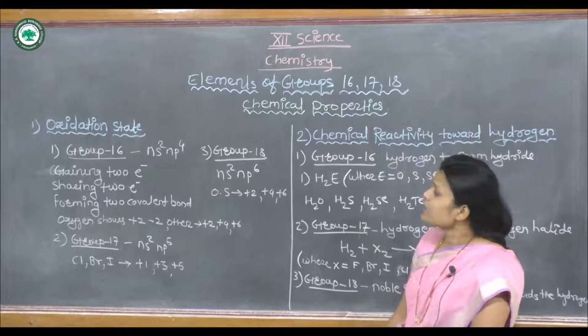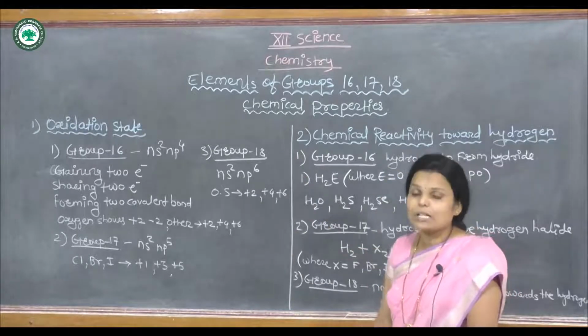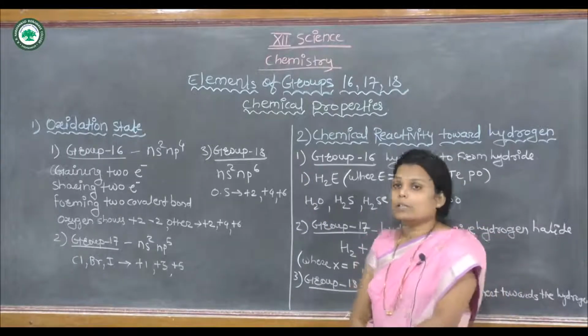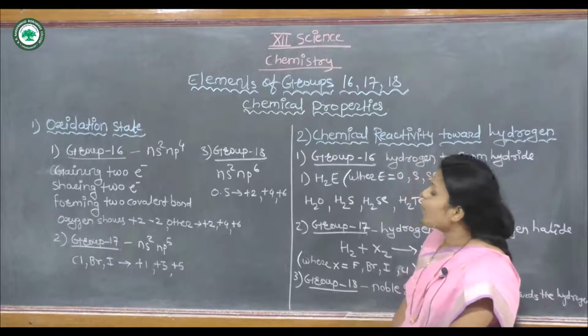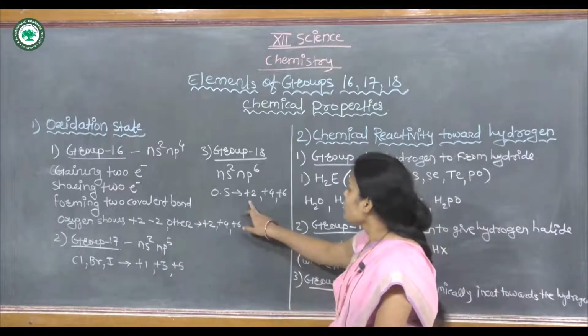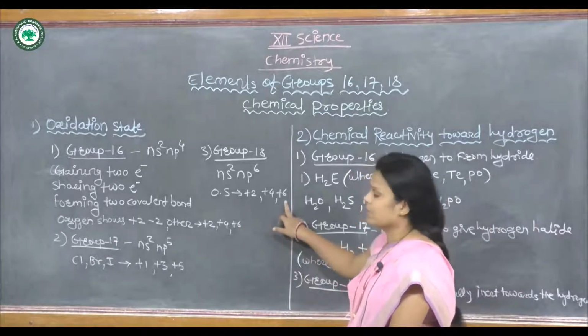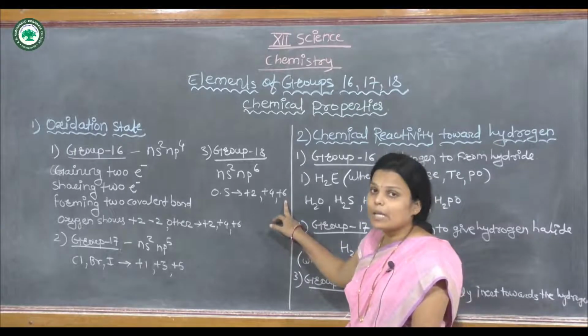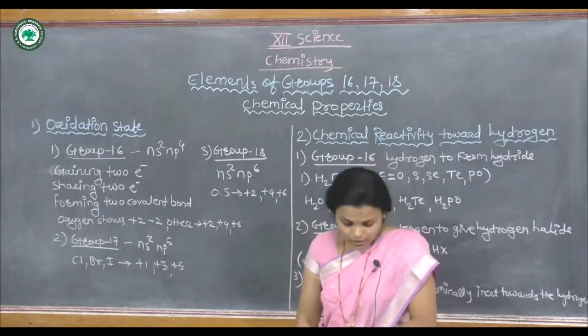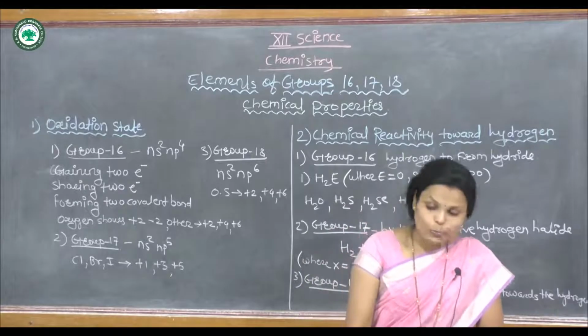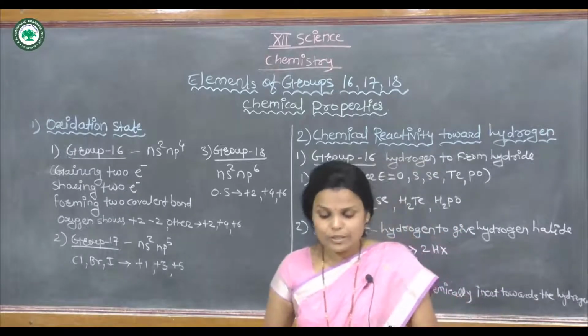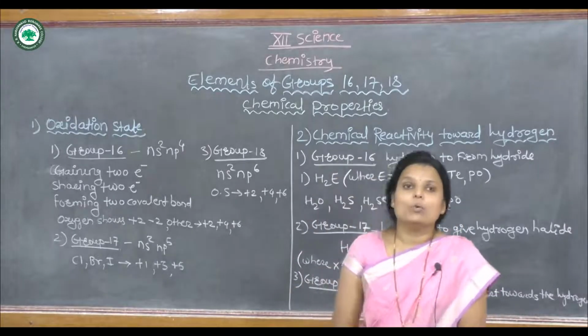All of these group 18 elements are completely stable, but their oxidation states can be +2, +4 and +6. These stable elements are called noble gases.